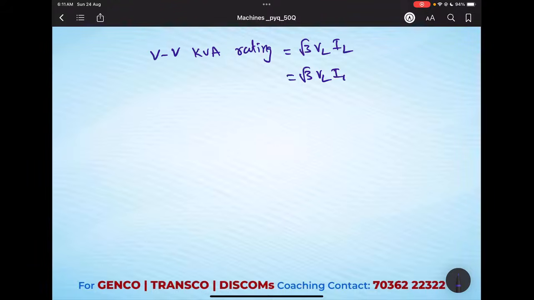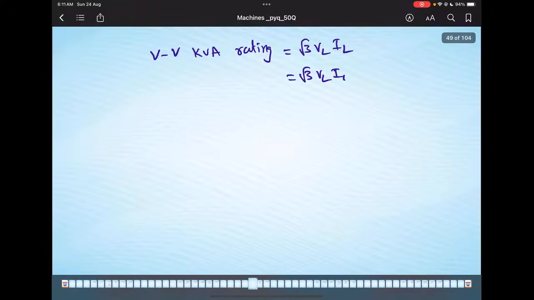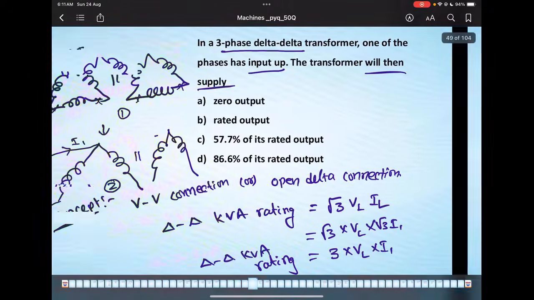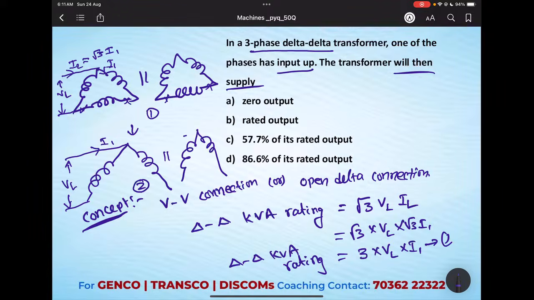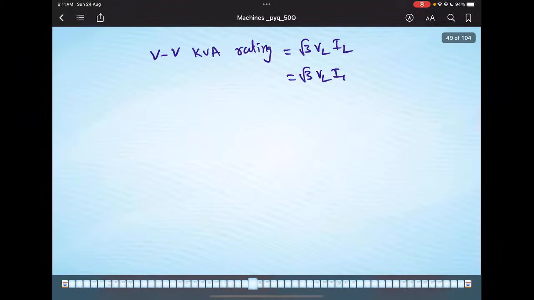Clear? Let's take this one as equation 1, and this one as equation 2.